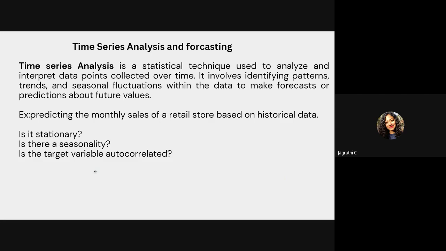Now, when you talk about data points collected over time, this becomes really important in identifying patterns, because this sort of analysis is used in so many other areas such as your inventory planning, your demand and supply. Just to give you a small example, let's say you work in supply chain.